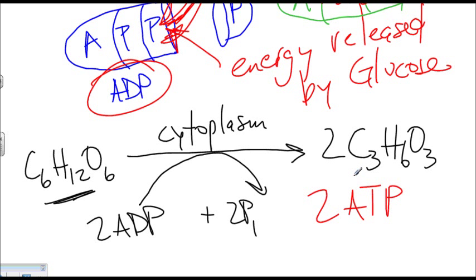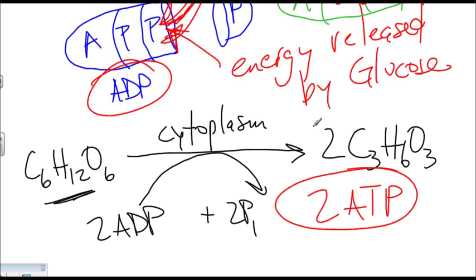So to sum it up, the process of glycolysis occurs in the cytoplasm. It breaks glucose down into 2 pyruvate and forms 2 molecules of ATP that can be used when the time comes. Now the 2 molecules of pyruvate formed in glycolysis are transported into the matrix ultimately.